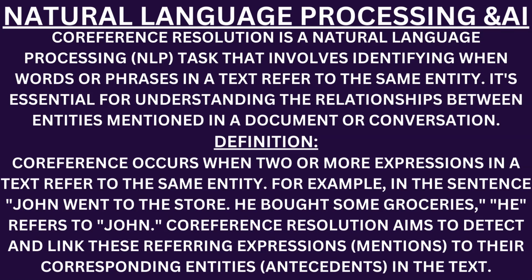For example, in the sentence, "John went to the store, he bought some groceries," "he" refers to John. Co-reference resolution aims to detect and link these referencing expressions, or mentions, to their corresponding entities, or antecedents, in the text.